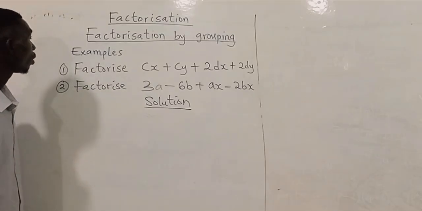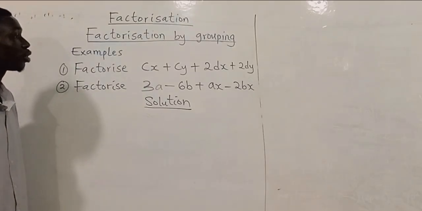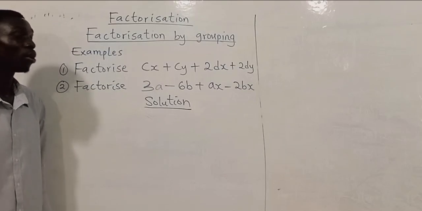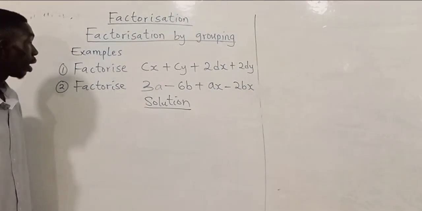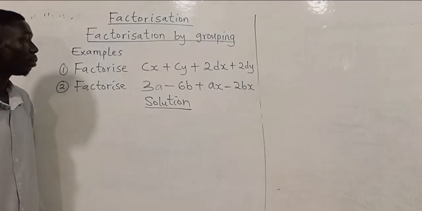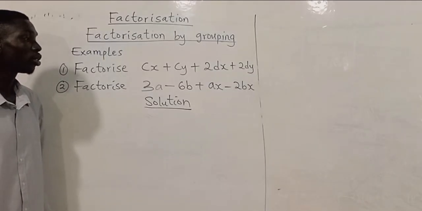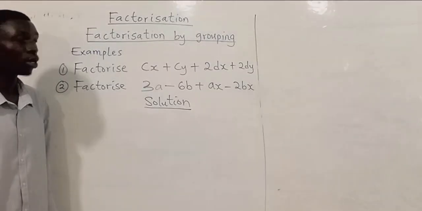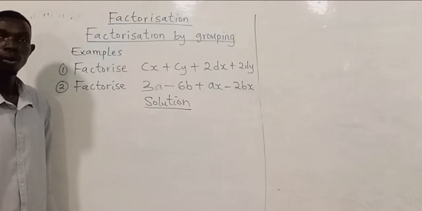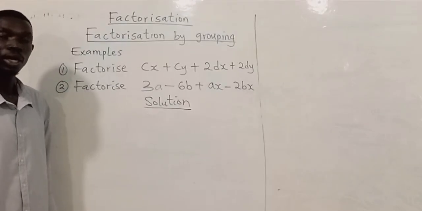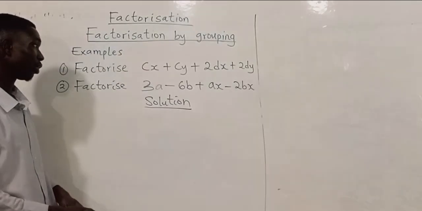We have number 1, factorize cx plus cy plus 2dx plus 2dy, and also factorize 3a minus 6b plus ax minus 2b. So let's see how we can do that quickly without stress.